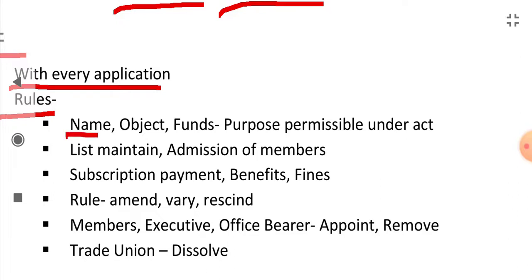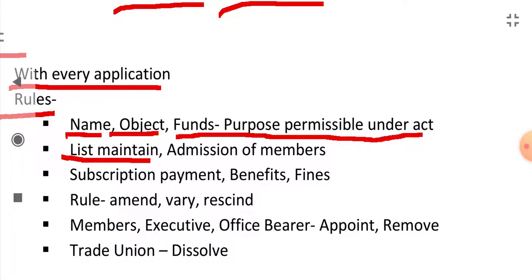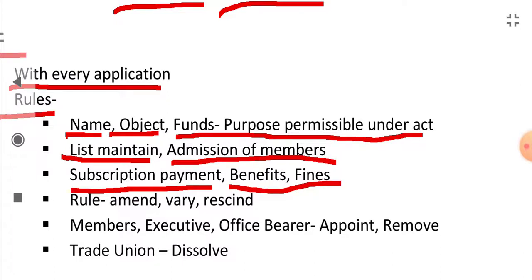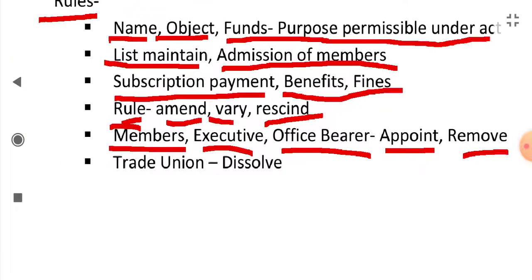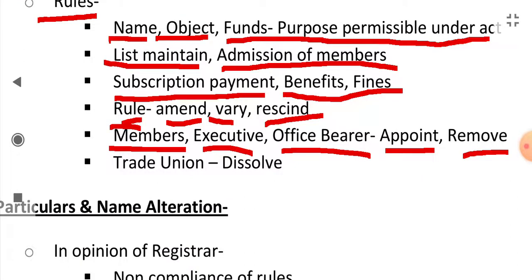These rules are related to the name of the trade union, the object of the trade union, the funds purpose, which should be permissible under the act, how to maintain the list of members, how to admit new members, payment of subscription, benefits and fines, how to amend or vary or rescind the rules, appointment and removal of the executive and office bearers, and how the trade union can be dissolved.